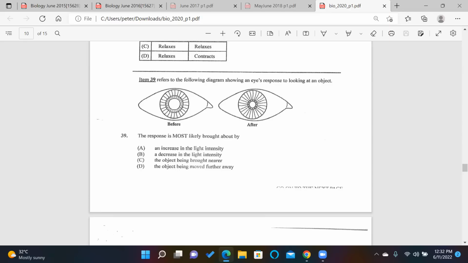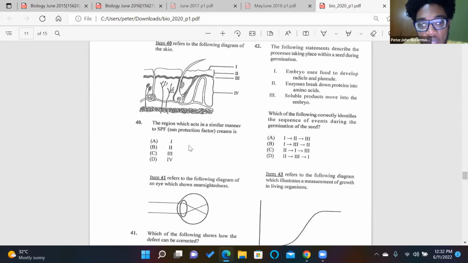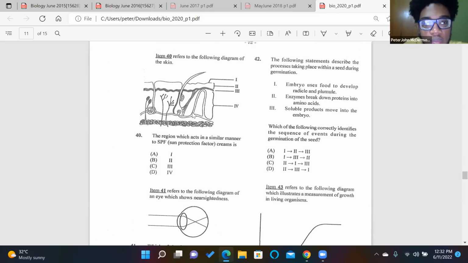The what? The what? Iris. So the iris is contracting. Why is the iris contracting? Because there's an increase in light intensity, right? Yes. All right, correct.